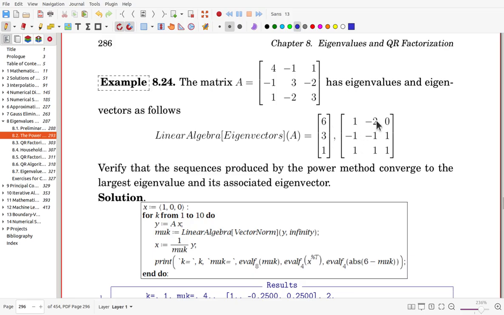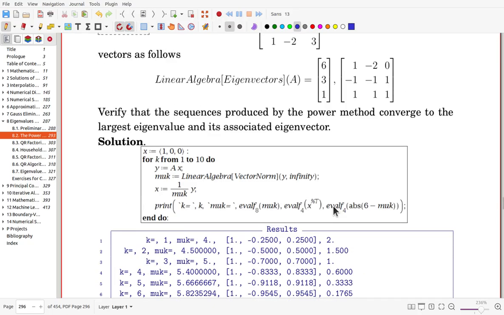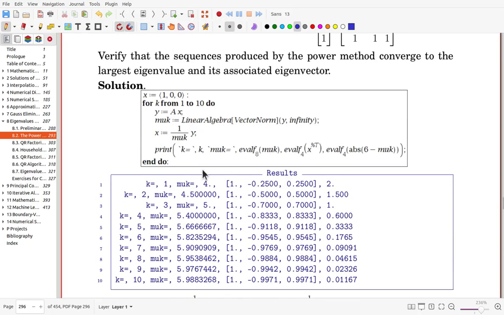For 3, an eigenvector. For 1, (0, 1, 1) is a corresponding eigenvector. For this matrix, let's find the largest eigenvalue and corresponding eigenvector, and we'll see how it is converging.